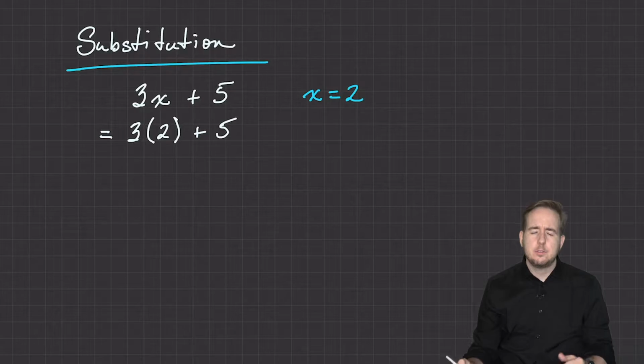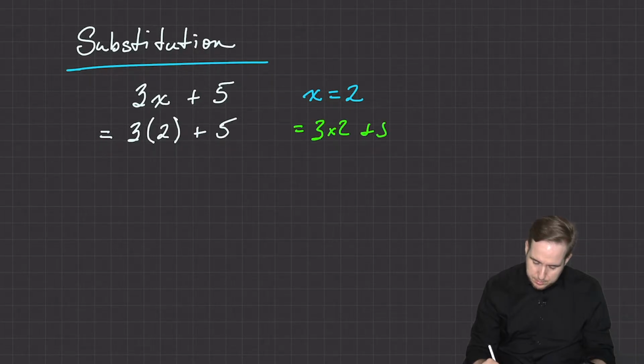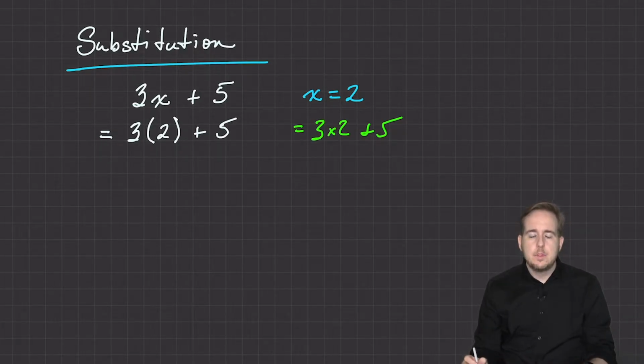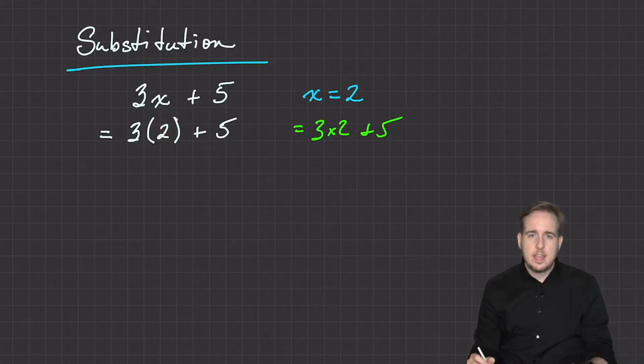Now you'll notice I went to an awful lot of trouble to do that, and it didn't seem all that necessary. Yes, I could have just written equals 3 times 2 plus 5, and when the questions are easy, it doesn't make any difference. If the questions are harder, you'll find that getting into that habit of first leaving the blank space and then putting the 2 in and coming back afterwards makes things make a little bit more sense.